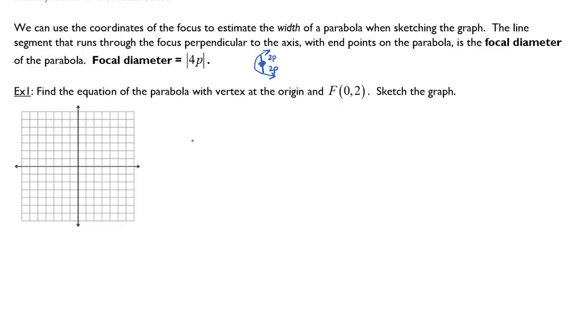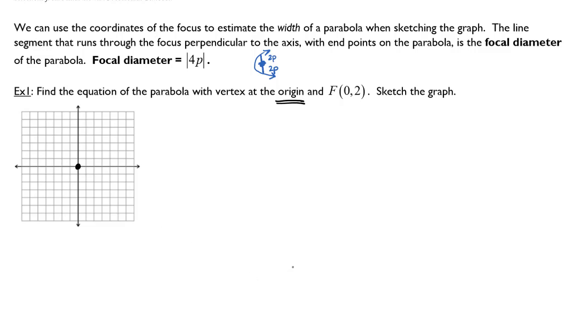So let's find the equation of the parabola with a vertex at the origin and F, the focal point, is 0, 2. So I'm going to do a little bit of filling in the blanks here. First, I'm going to list the vertex at the origin. So there's the vertex.